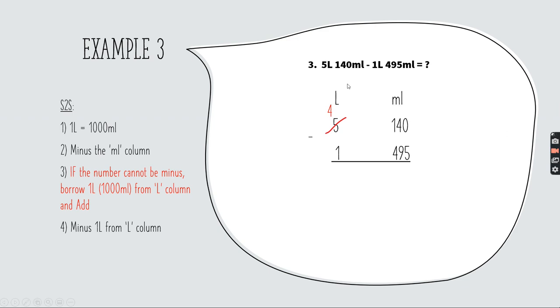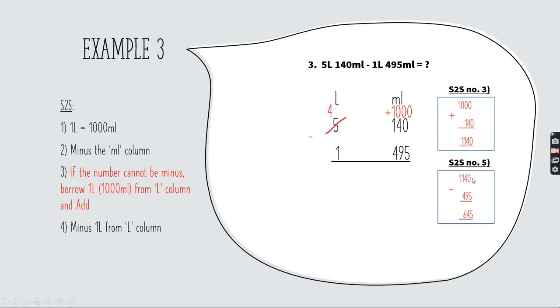When we're bringing 1 liter over here to milliliters, it becomes 1000, because we all know 1 liter equals 1000 milliliters. So let's do our side calculation over here. 1000 plus 140 becomes 1140. Now this 1140, we're going to bring it down over here and we're going to minus it with 495.